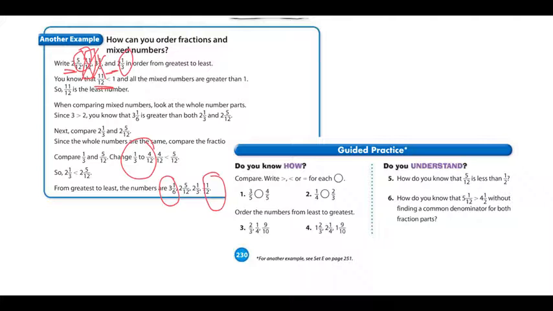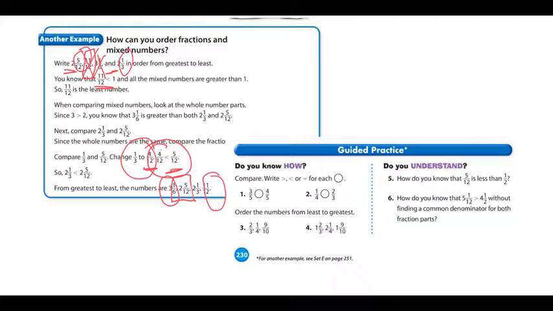They both have 12 in common, so I didn't actually have to change 5/12. I could leave it the same. So 1/3 is equal to 4/12. 5/12 is bigger. So I know 2 and 5/12 is the next greatest.